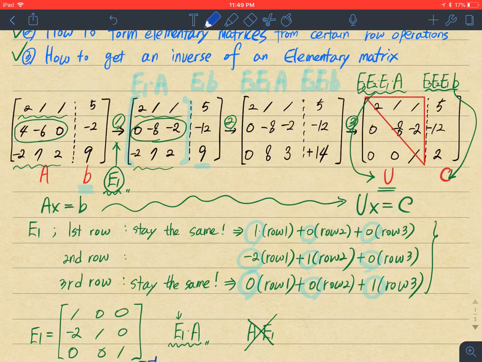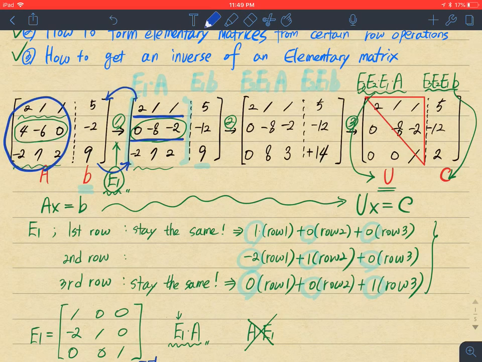What E1 does is subtract the first row multiplied by 2 from the second row, right? So if you want to go forward, you subtract the first row multiplied by 2 from the second row. If you want to go backwards, you can just add the first row multiplied by 2 to the second row, and it becomes this.